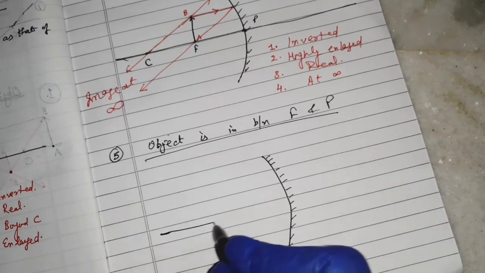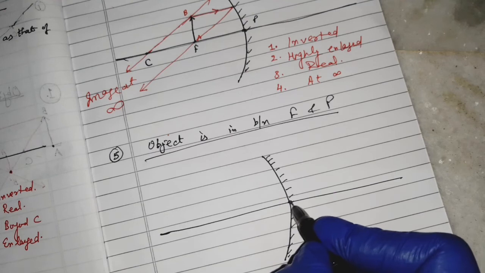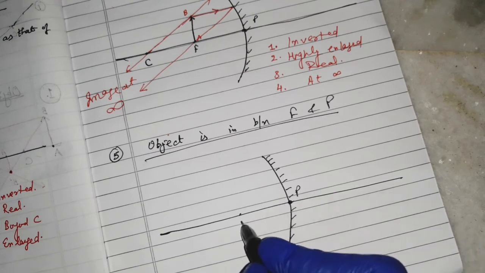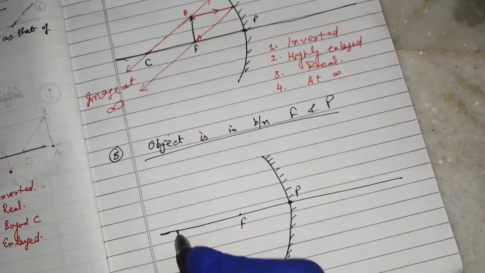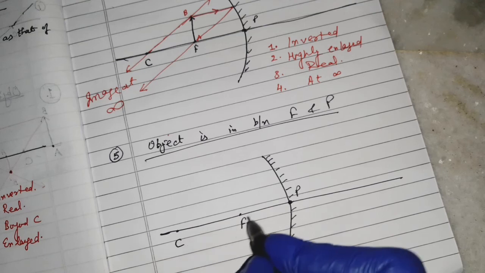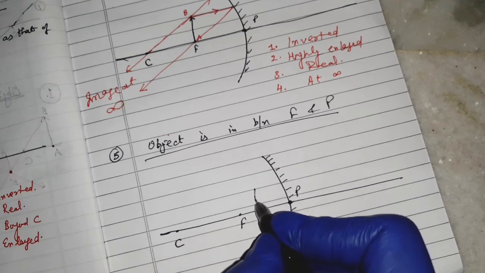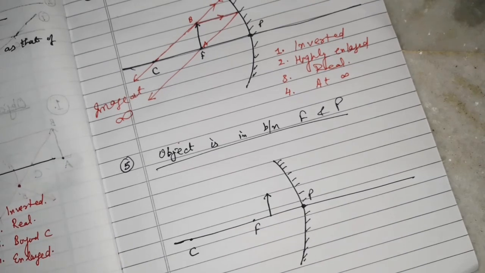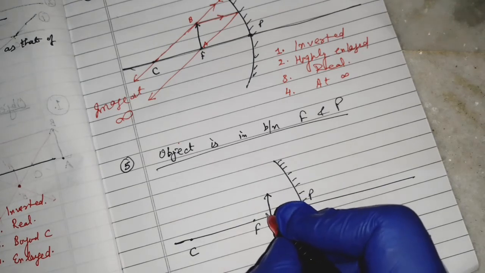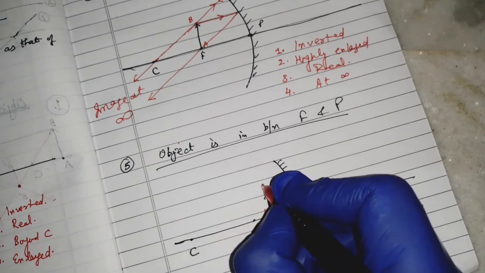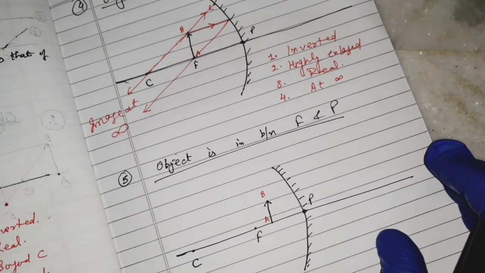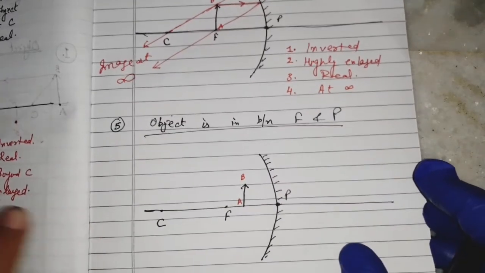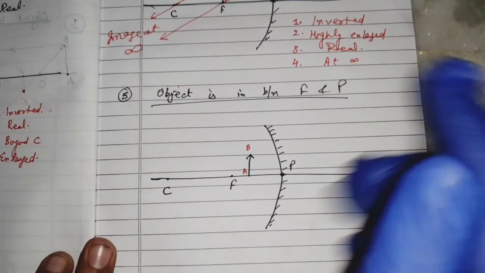This is your principal axis. This is P. This is the focus point, focus is F. This is C. And I am going to take the object in between F and P. So I name it as AB.